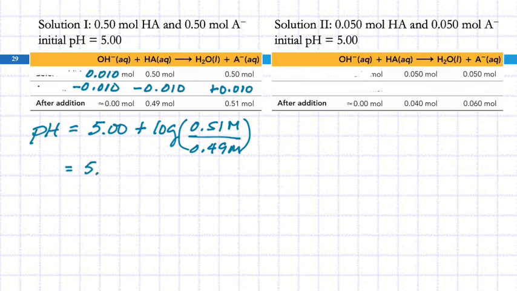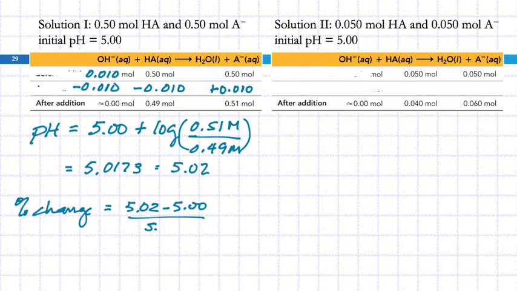Our new pH is going to be 5.0173 or 5.02. The percent change will equal 5.02 minus 5.00 divided by 5.00 times 100, or 0.4%.